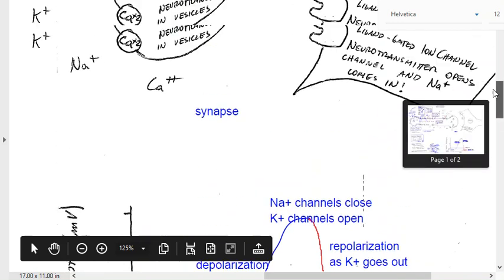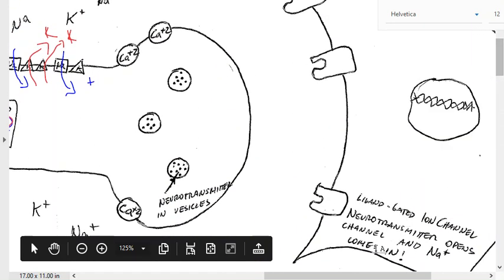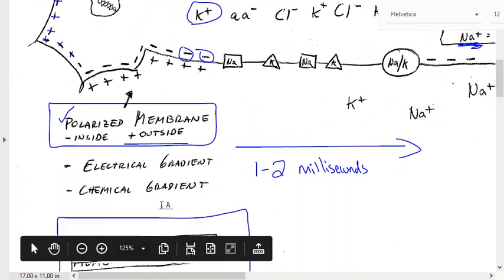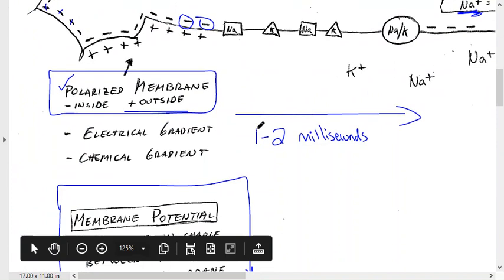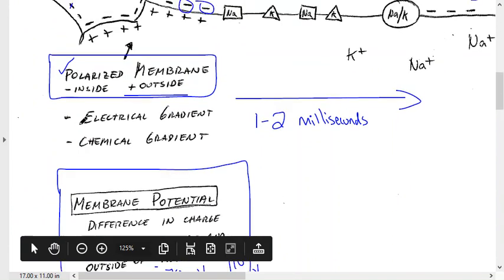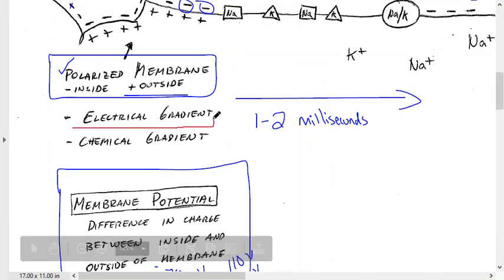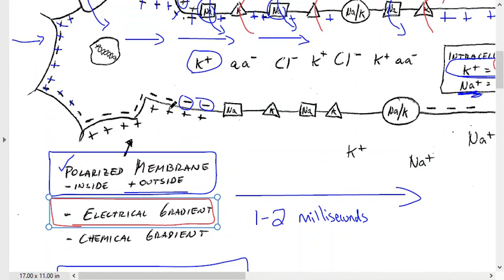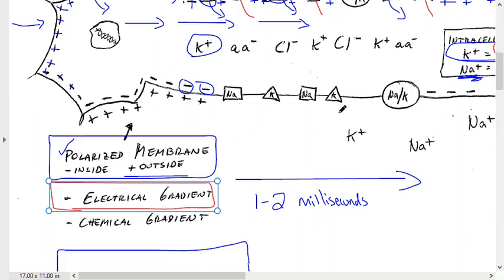So that's how this electrical signal travels down the axon. What you're going to notice is that there are two things happening here. You have the electrical gradient, the electrical signal, because of the difference in charges and how that charge changes as these channels open and close.